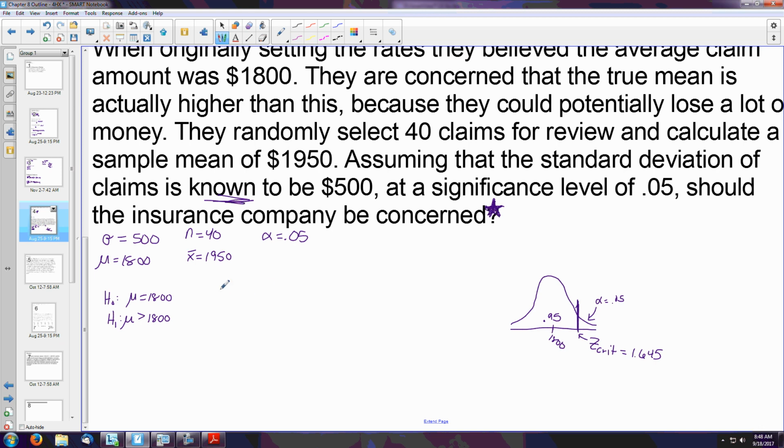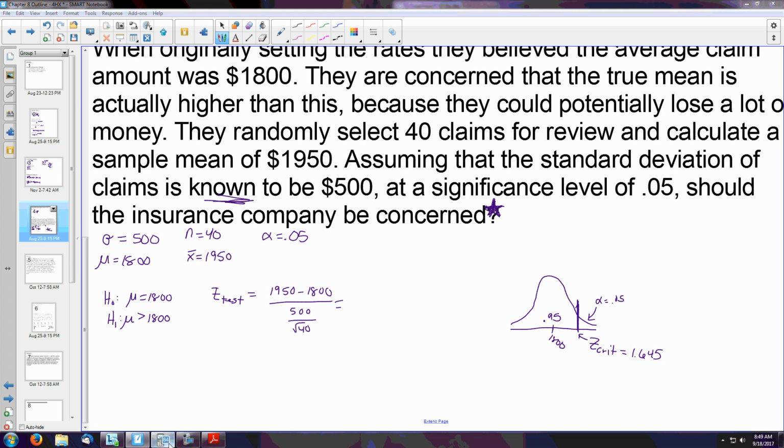Now, for the test statistic, we've got our hypotheses, we have our picture, we have our critical value. For the test statistic, go ahead and plug into the formula. Z-test equals x bar is 1950 minus mu of 1800 divided by 500 over the square root of 40.